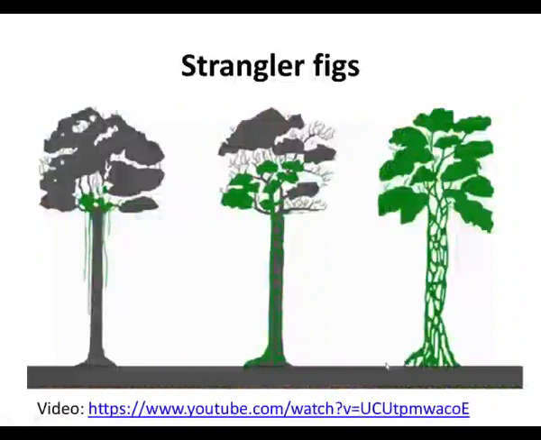So in several stages it'll engulf the entire host plant and kill it, and eventually it'll have the strength to support itself. So at the very end of the cycle, you can identify a strangler fig tree. So let's watch this short video to understand the process.